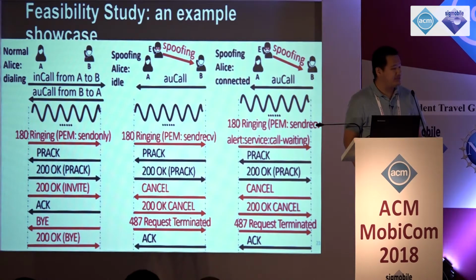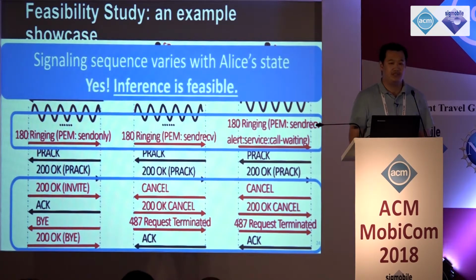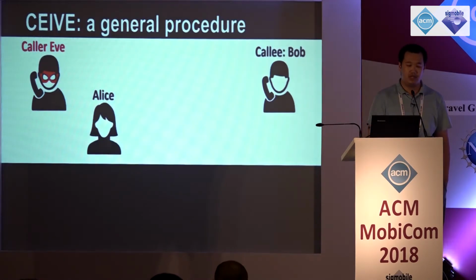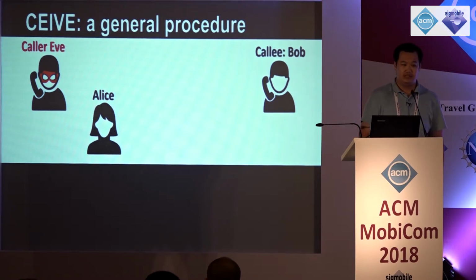If we compare these three states together, we can see clearly that we observe different signaling messages when Alice is in different states. So this gives us confidence that inferring the call state of Alice through the call setup signaling messages is possible. Now I can give you a general procedure of how CEIVE works to detect a spoofing attack.